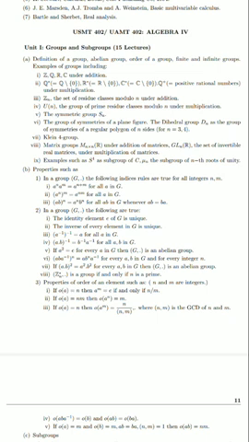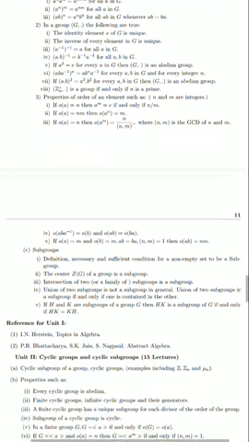If order of a is equal to n, then order of a raised to m is equal to n upon (n, m), where (n, m) is the GCD of n and m.